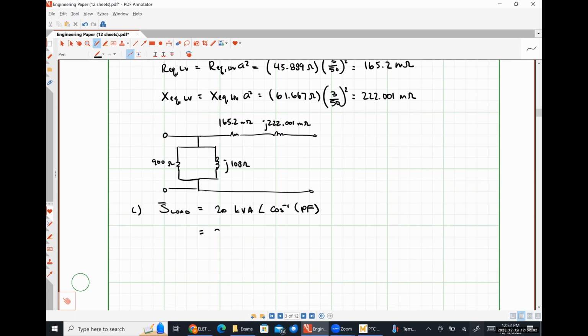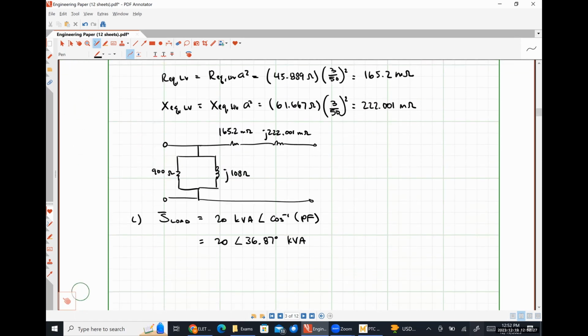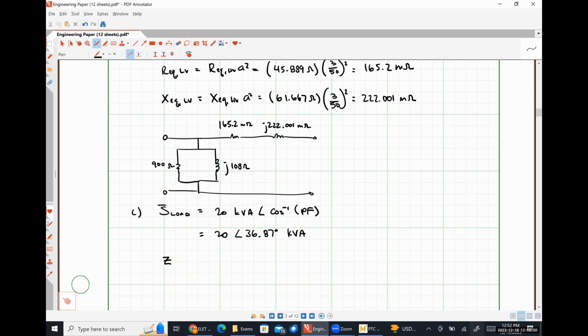So that is going to be 20 for the phase angle, 36.87 degrees kilovolt ampere. How would I find the impedance of my load referred to the primary side?